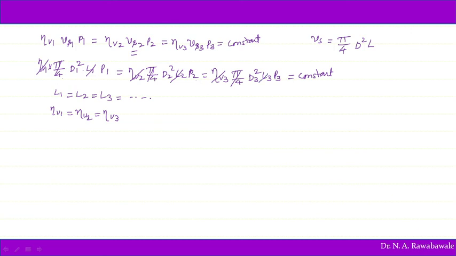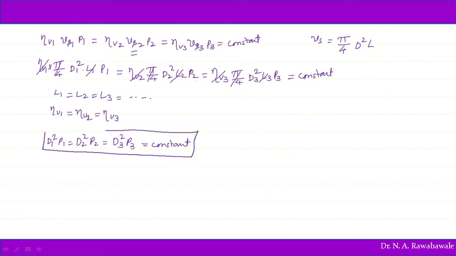So now what we will have here is D1 square P1 is equal to D2 square P2 is equal to D3 square P3 is equal to constant. So this is nothing but the relation between pressure and diameter of a multi-stage air compressor.